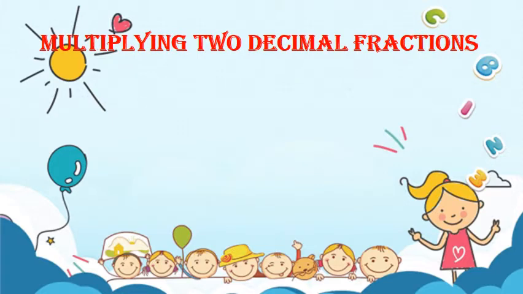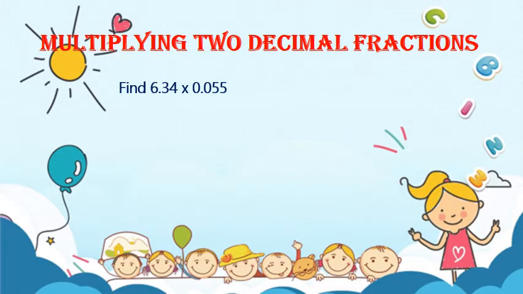Now children, let us understand the multiplication of two decimal fractions with the help of one example. Here you have to multiply 6.34 by 0.055. Both these numbers are decimal fractions, right? So we have to multiply them. What is our first step?